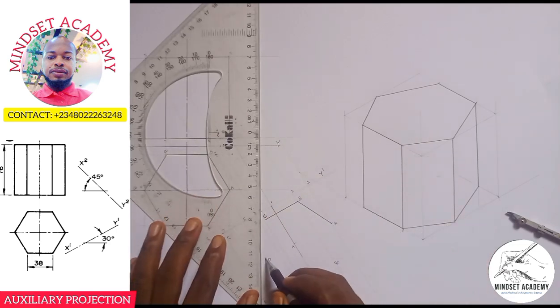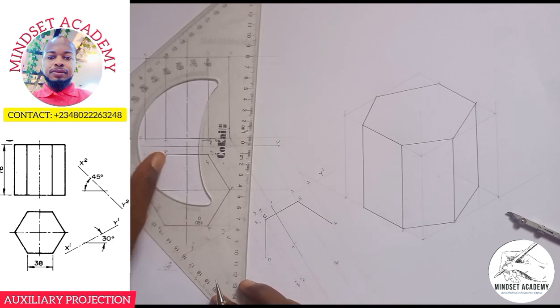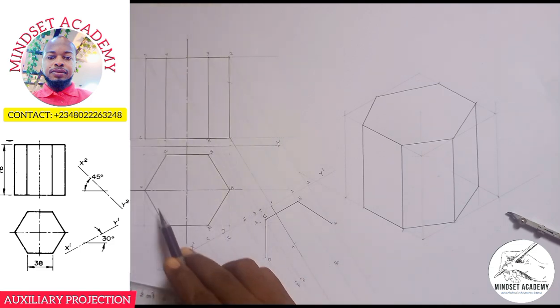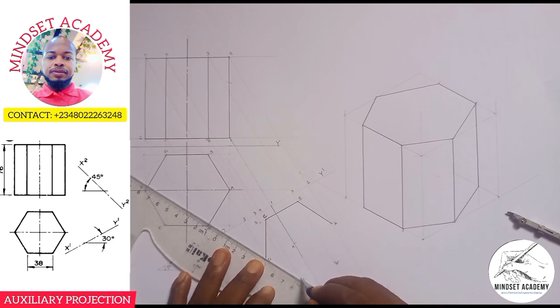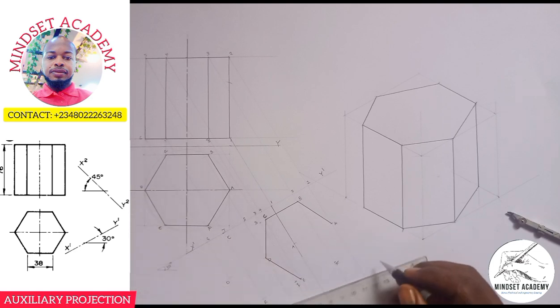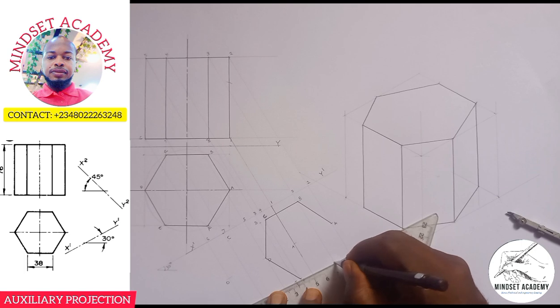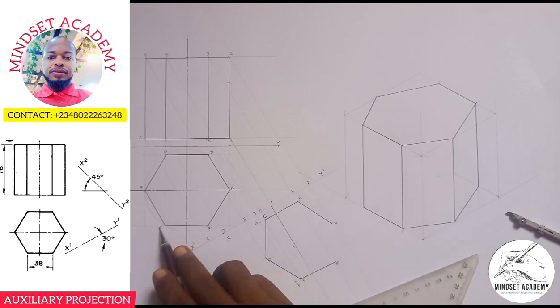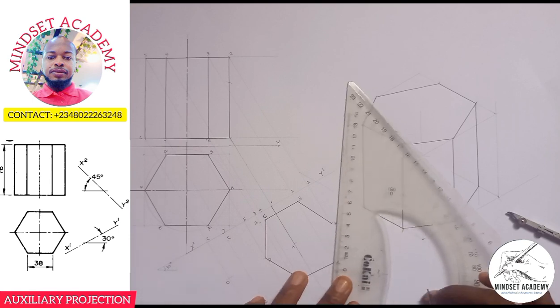C to D, right? D to E, right? E to F, then back to A. Then we're going F to A also. It's closed.